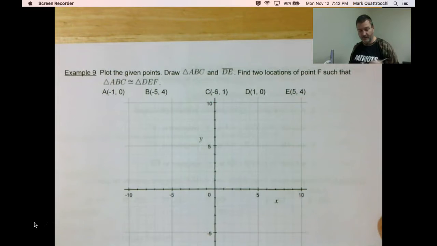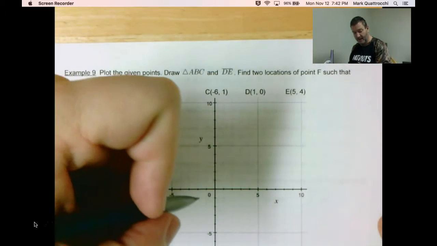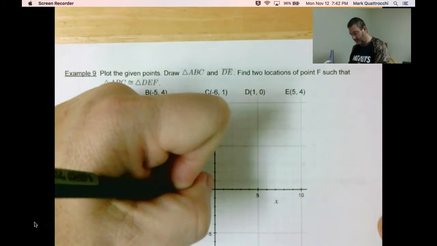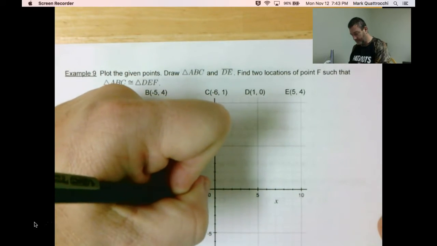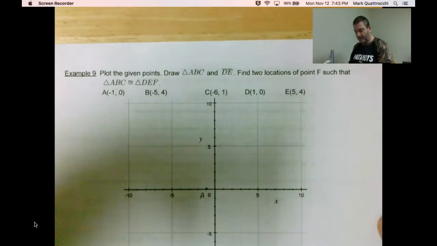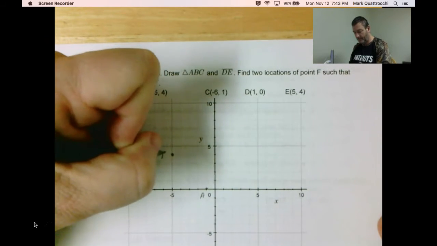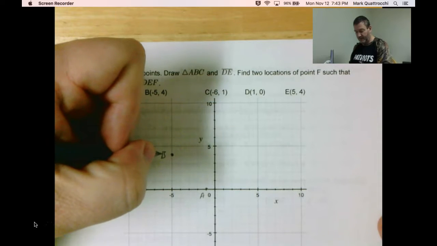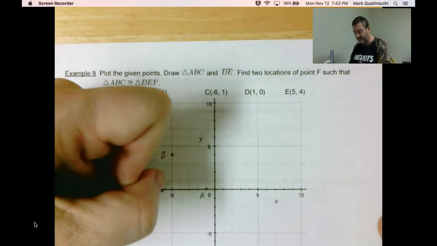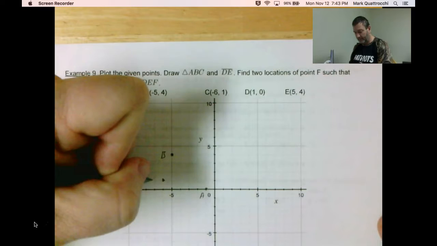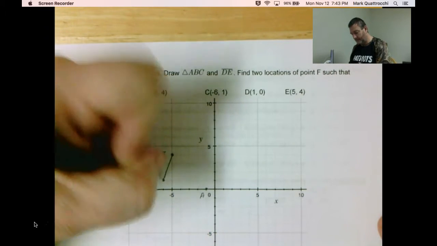So let's start off by plotting points A, B, and C. Point A is at -1, 0. Point B is at -5, 4. And point C is at -6, 1.